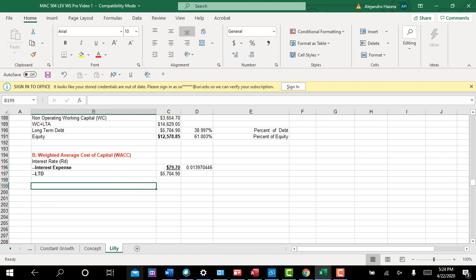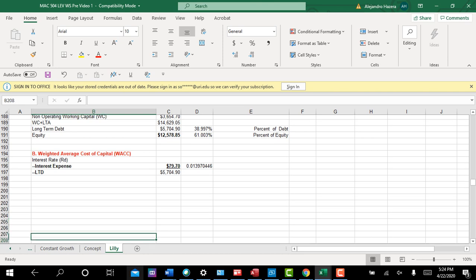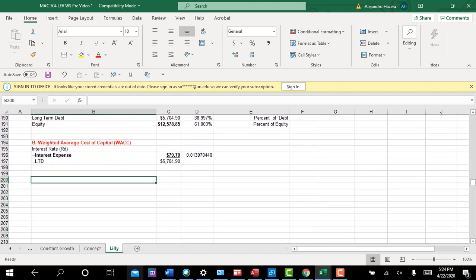Okay, now, weighted average cost of capital. Under the weighted average cost of capital, what we're going to do is take the interest expense for debt and the interest expense for equity, take their percentages, which, by the way, are right here, and then we're going to weight each one.